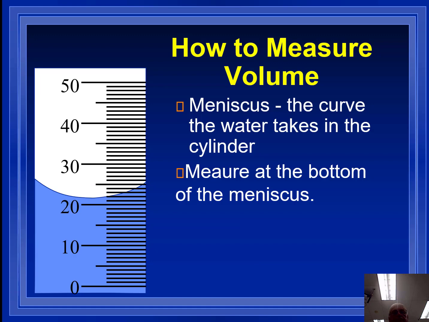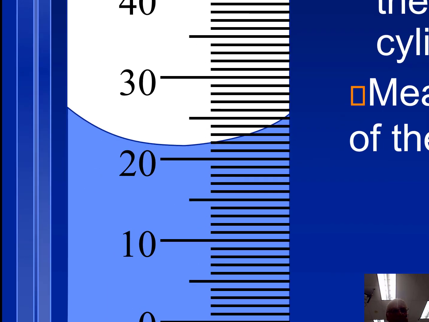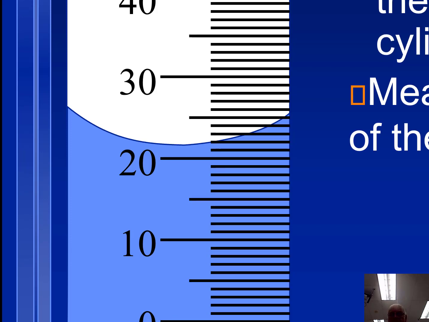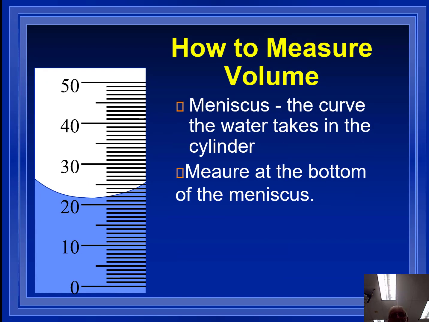Okay, so I measured a different amount of water. You want to look at that. Now, this looks like it's between 21 and 22. It doesn't look like it's right on the line. It goes below 22, but it doesn't look like it reaches all the way down to 21. So I would write 21 point something. Let's look again.